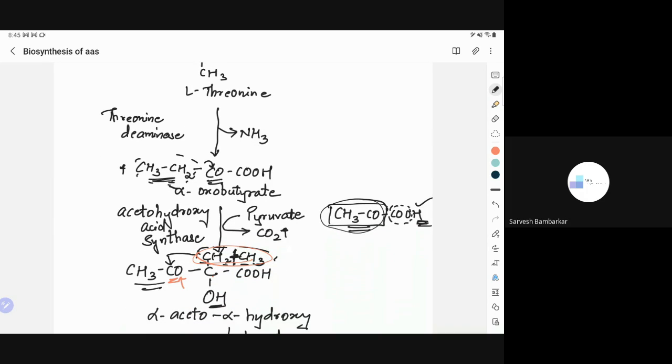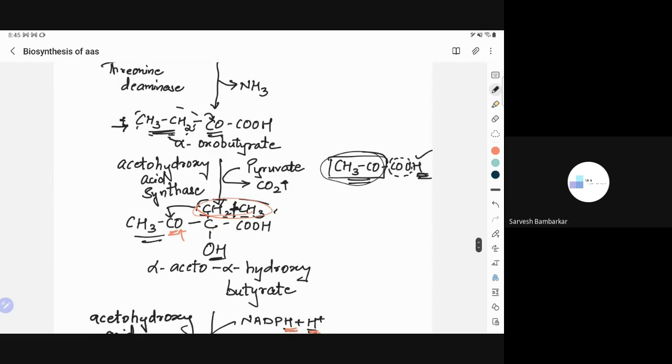Now, here we condense alpha oxobutyrate with pyruvic acid. But when we do this, we remove the carbon dioxide from pyruvate. So the COO group is removed. What will be transferred to alpha oxobutyrate is CH3CO and this hydrogen. Okay, so the CH3CO goes at this point. It's going to be attached over here.